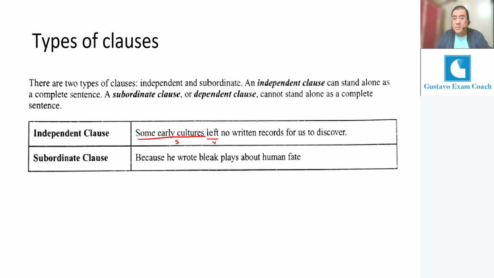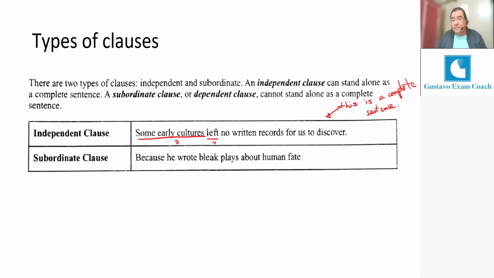The rest forms a predicate, of course: "left no written records for us to discover." The whole thing is a clause, and at the same time can form a complete sentence. So this is a complete sentence. Independent clauses can form complete sentences on their own. But what about subordinate clauses?